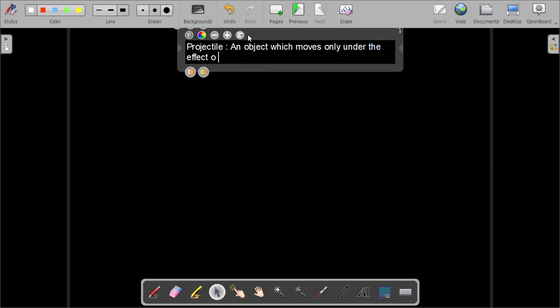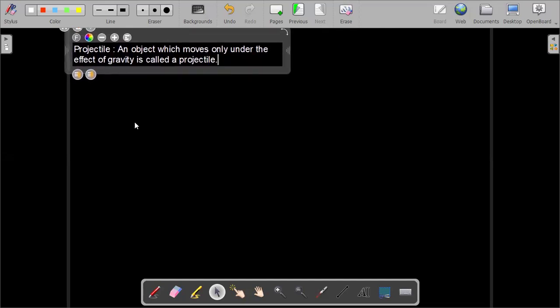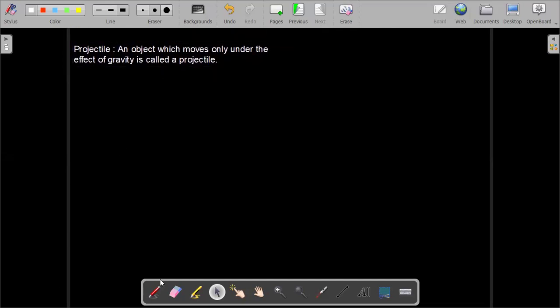An object which moves only under the effect of gravity is called a projectile. So we will have different types of projectile and we'll try to study them. Any object which is only under the effect of gravity is called a projectile.